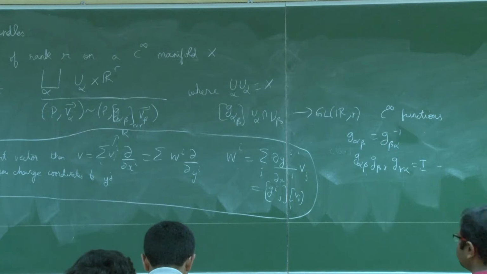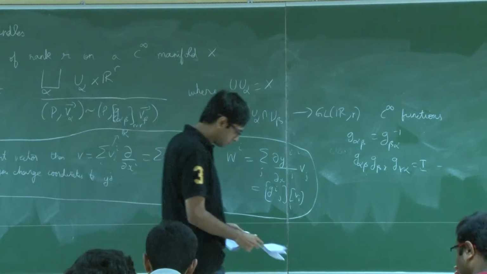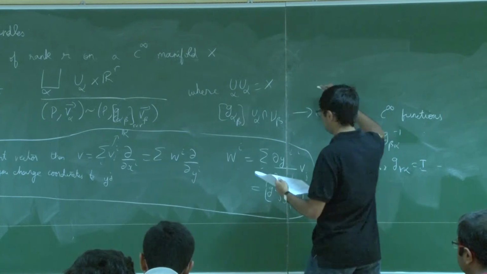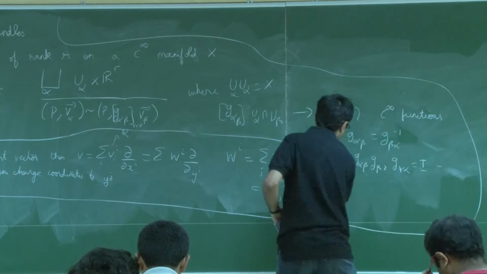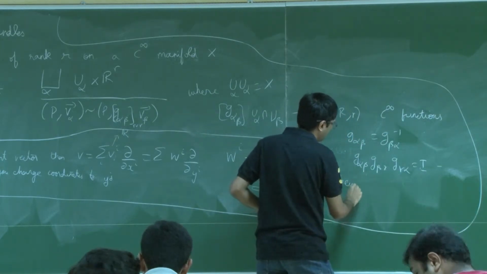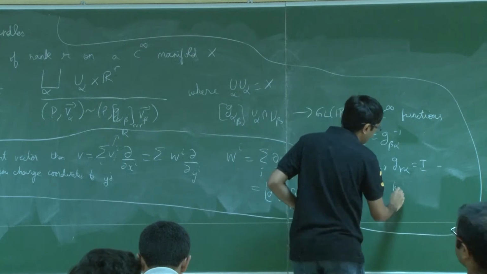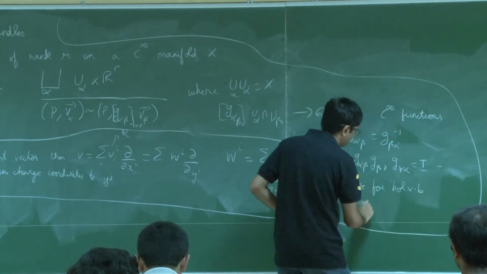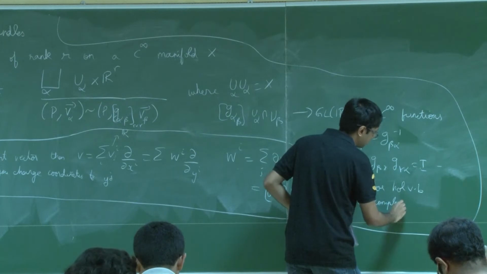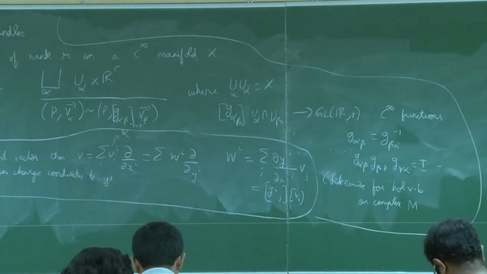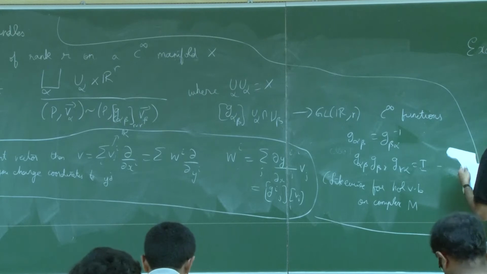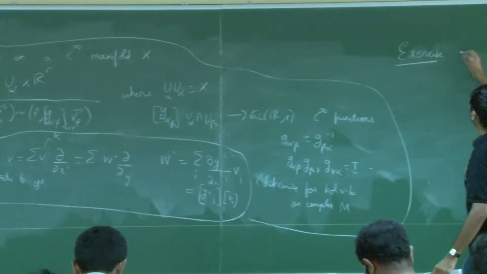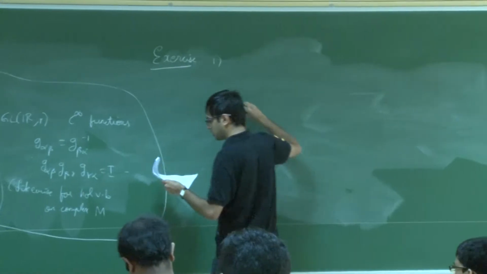Likewise for holomorphic vector bundles on complex manifolds. Here's an exercise, just akin to the line bundle case, that you can do. It will help you understand vector bundles much better.